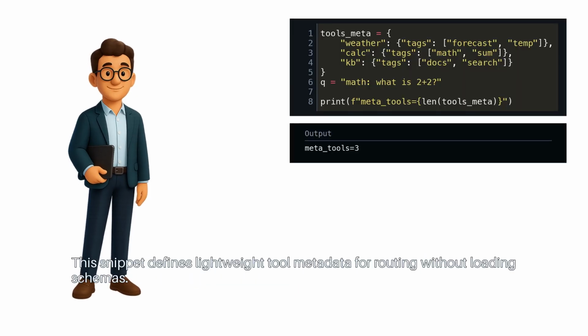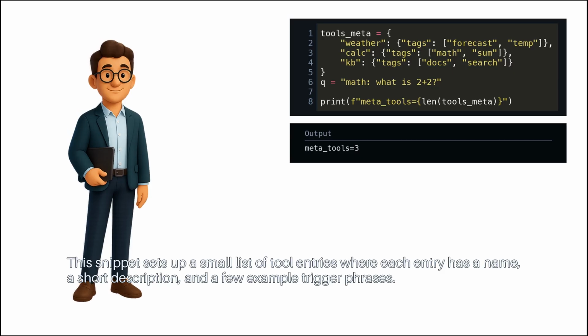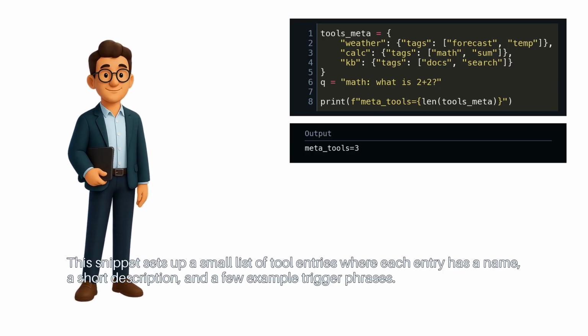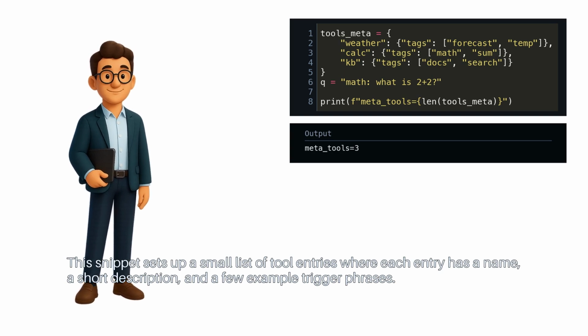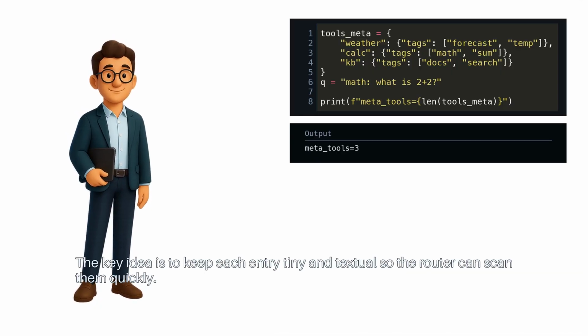This snippet defines lightweight tool metadata for routing without loading schemas. This snippet sets up a small list of tool entries where each entry has a name, a short description, and a few example trigger phrases. The key idea is to keep each entry tiny and textual, so the router can scan them quickly.